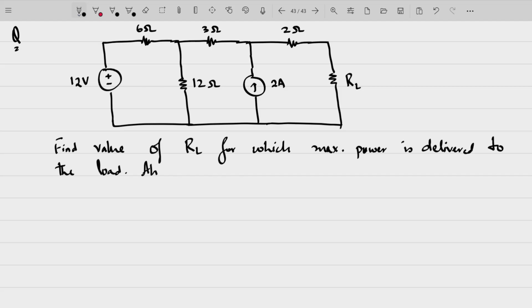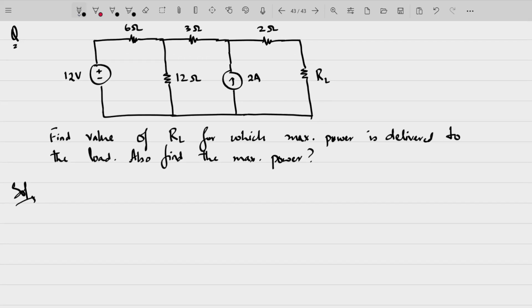Also find the maximum power. This is simply solving for the Thevenin circuit. Whatever value of RTH we get will be the value of RL for which maximum power is delivered. So you have to simply obtain its Thevenin's equivalent.